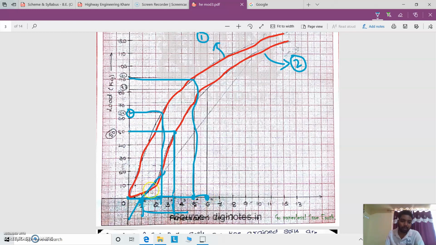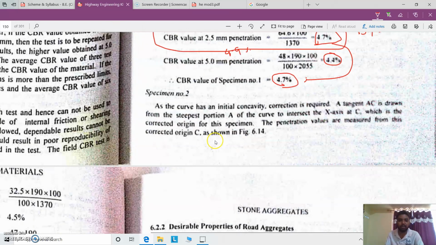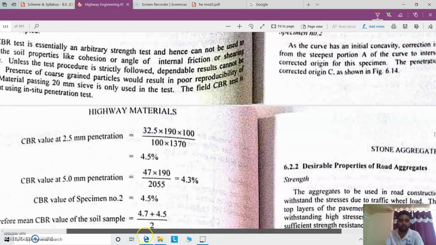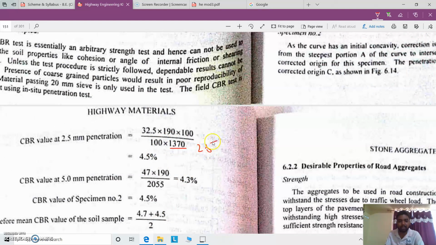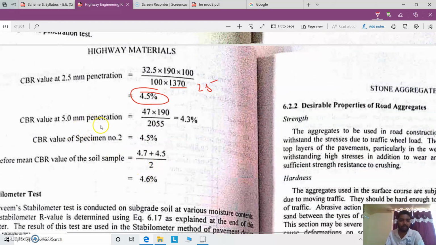So the tangent cuts the x-axis, that is the origin. From that origin we need to measure 2.5 and 5 mm, erect the ordinate at those penetrations, and then check the value of load. Once we have the load, we divide it by 1370 for 2.5 mm penetration, and we are getting 4.5%. Similarly for 5 mm penetration we divide by 2055, and we get 4.3%.